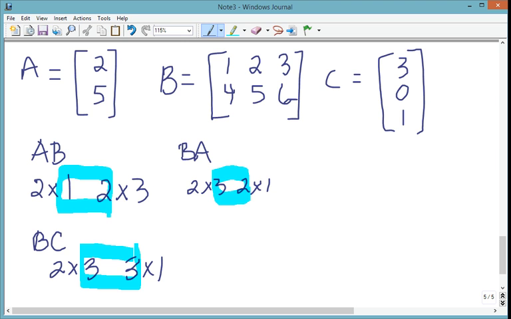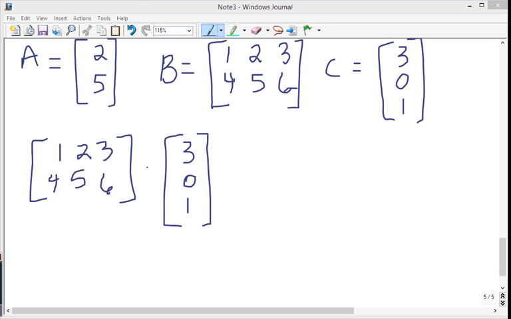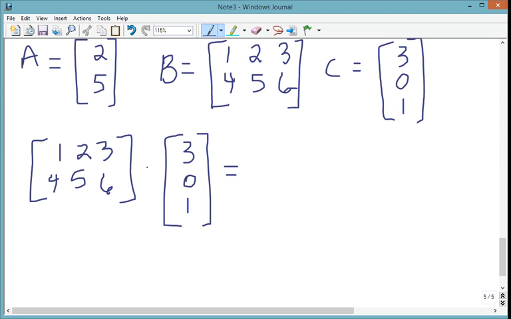Let's do that. Okay, so since I have a 2 by 3 times a 3 by 1, remember that my answer matrix is going to be a 2 by 1. So that's what we should expect to find, a 2 by 1.